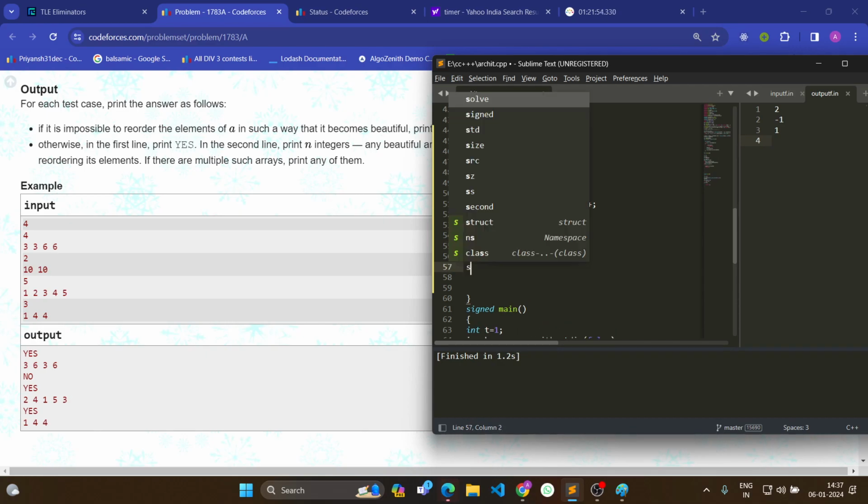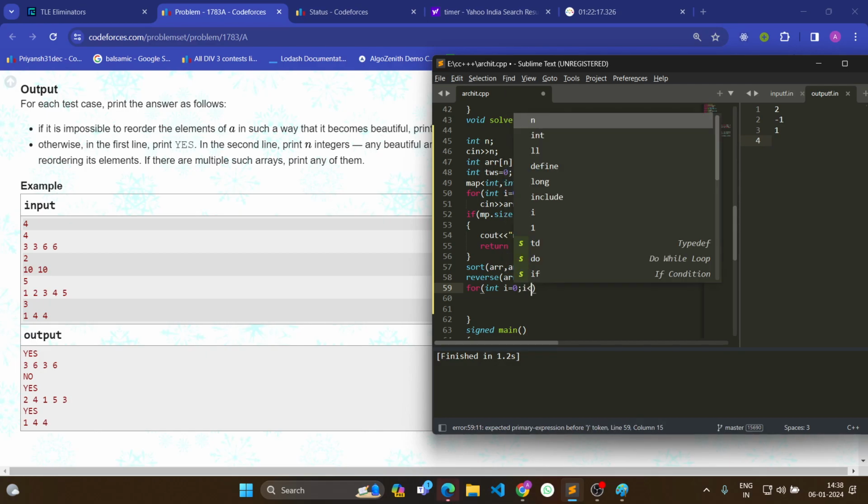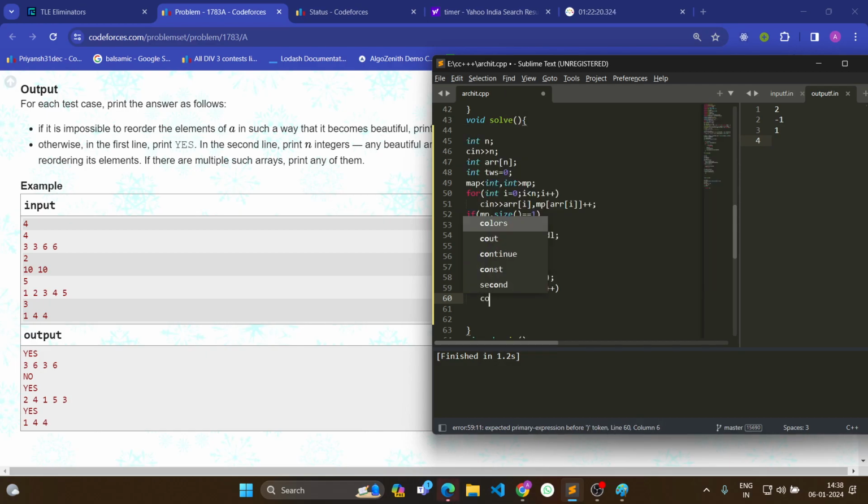Otherwise, answer is sort arr, arr plus n, and then reverse arr, arr plus n, and then print it backwards. Yeah, and then just print. Okay, also need to print yes.